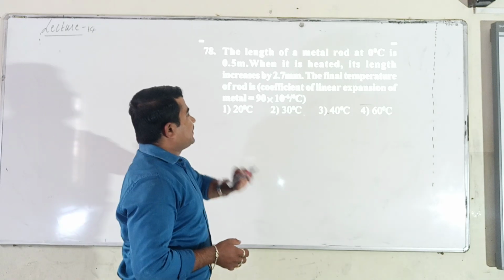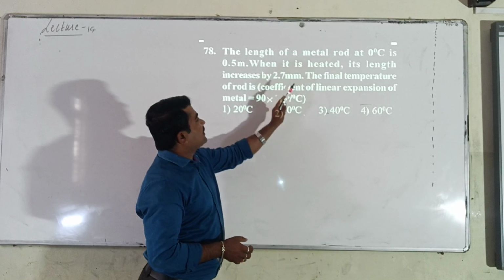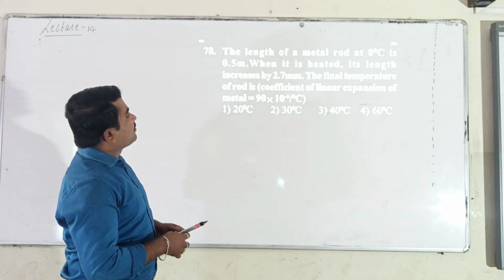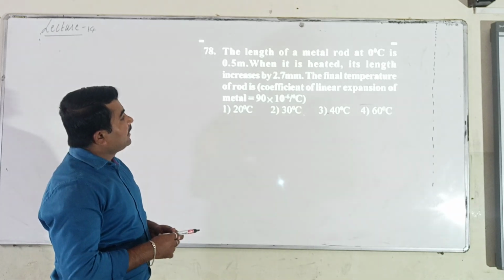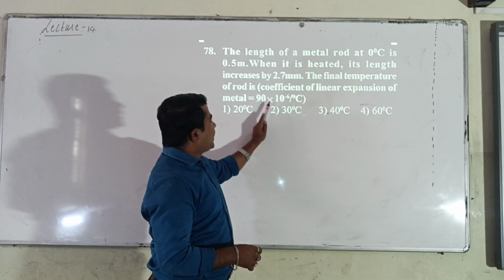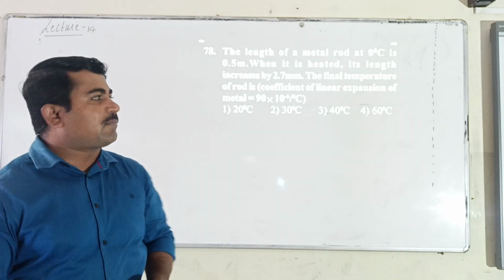When it is heated, its length increases by 2.7 millimeter. The final temperature of the rod is? The coefficient of linear expansion is 90 into 10 raised to minus 6.